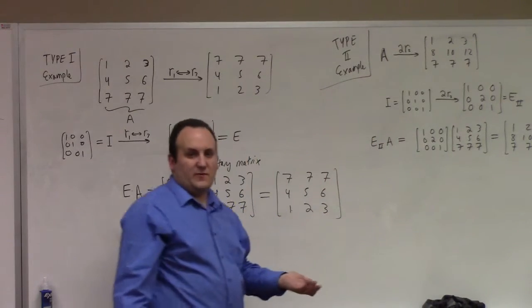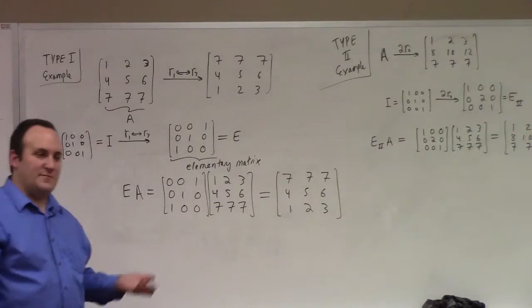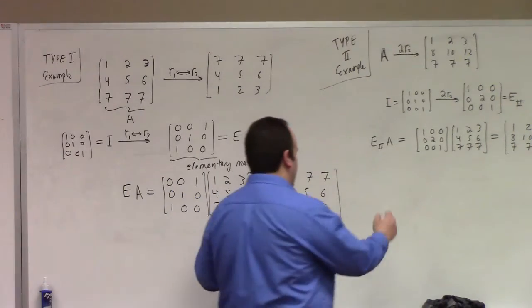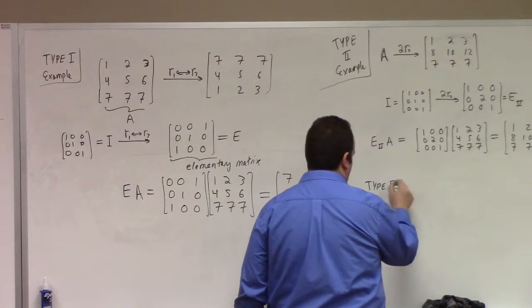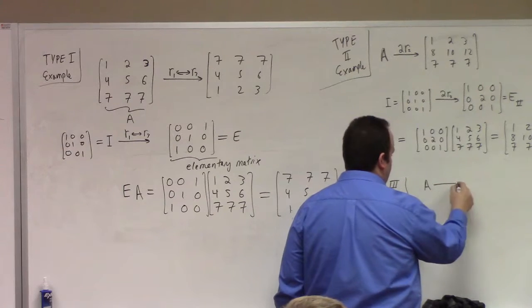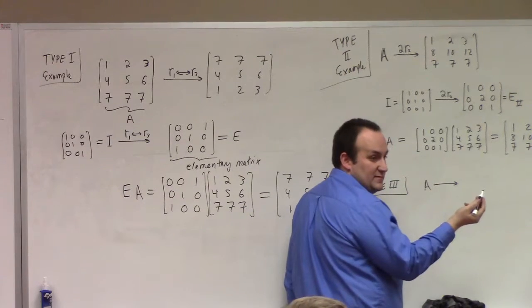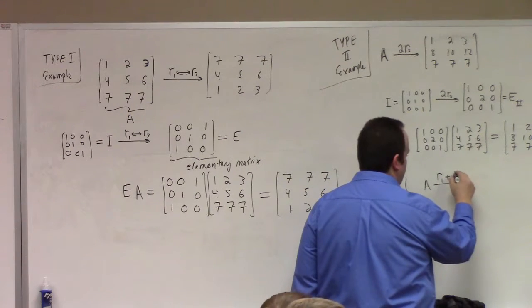So we can also do row scalings just the same way, right? What was the last kind of row operation we talked about? Type 3, right? So let's say, what do you want to do? Row 1 plus row 3. I'll do plus 2 row 3 there.